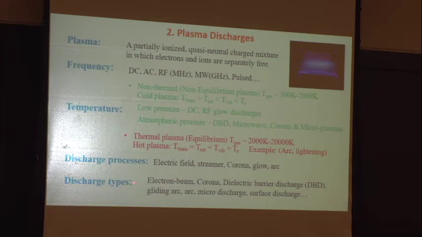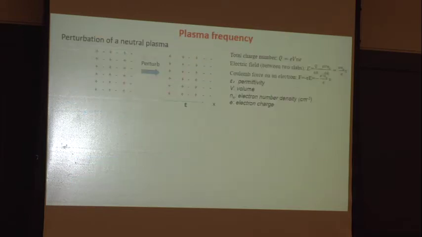And then it can be, for example, dielectric barrier discharge, gliding arc, and micro, everything. We call different names by applications, by the design of the plasma. But once you know the category, and people tell you one thing, you know what type of plasma it is.